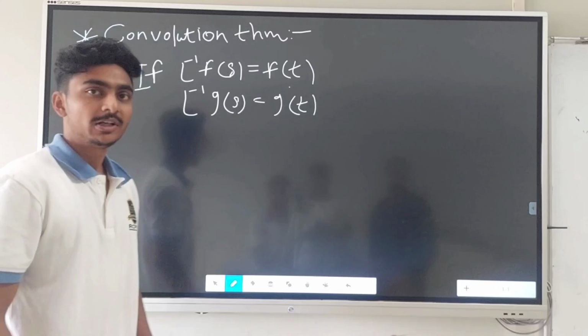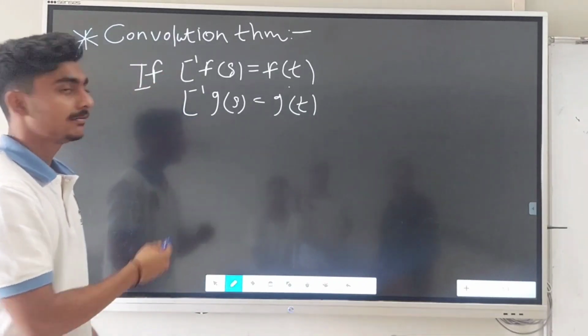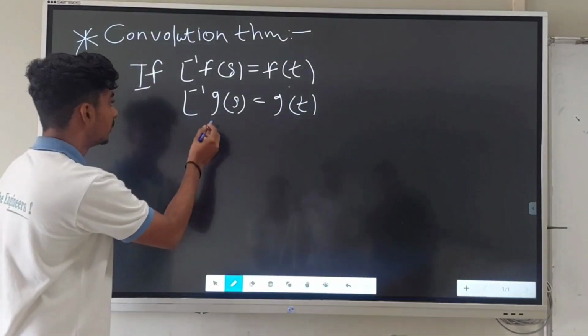So these are the two Laplace inverse equations. Let me take a product of these two functions.